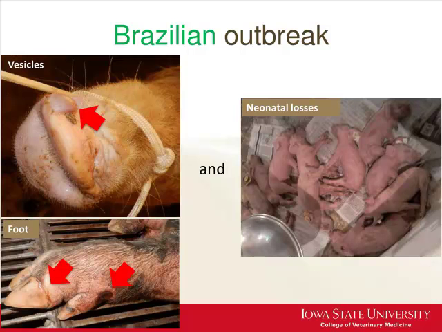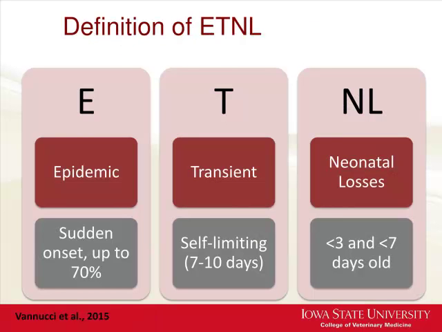So we are talking about two things going on, and in both cases, what we've been finding in terms of infectious agent is Seneca Valley virus, and only Seneca Valley virus if you compare all the outbreaks that we'll talk about. So we've proposed this terminology to describe the neonatal losses: epidemic transient neonatal losses.